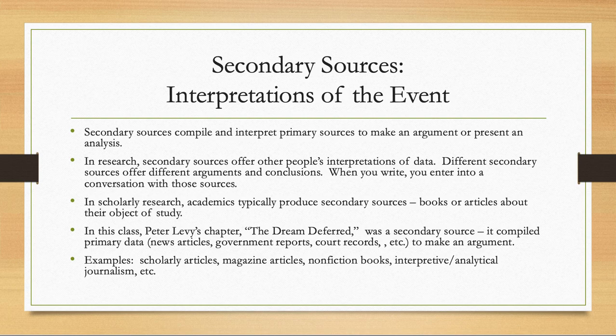For example, Peter Levy's chapter on the 1968 uprisings in Baltimore used a bunch of different primary sources, newspaper reports, court records, etc., to argue that the uprisings were a political reaction to systemic inequality. He read the primary sources and wrote an article about his interpretation, his argument about those sources. Therefore, his article is a secondary source, an interpretation of the event.